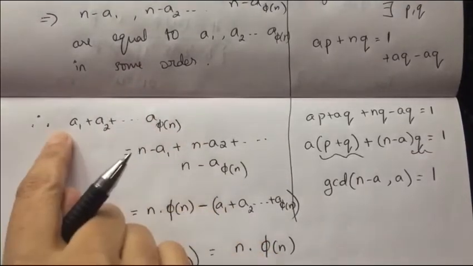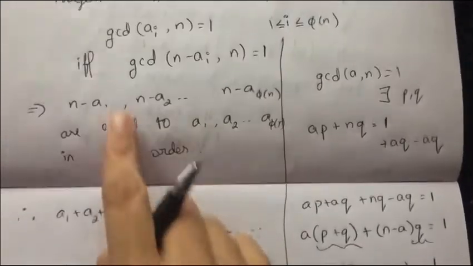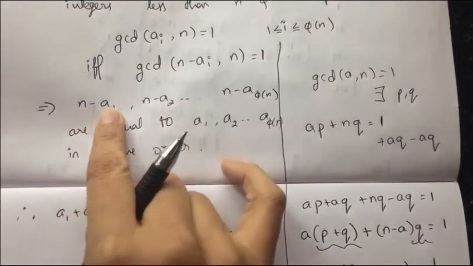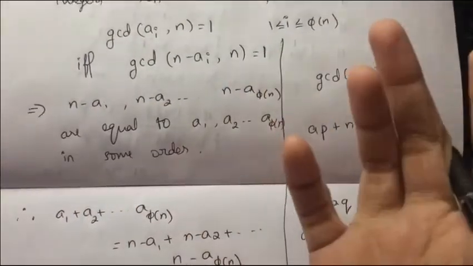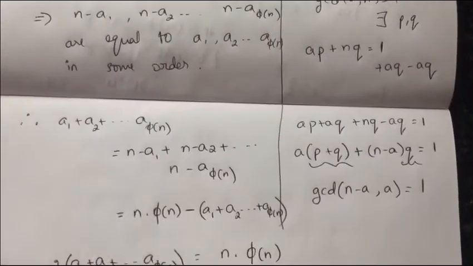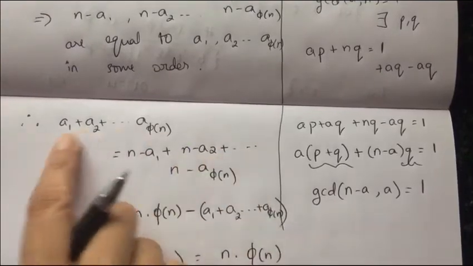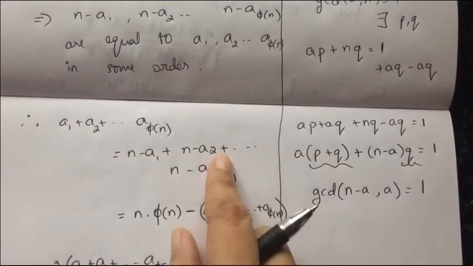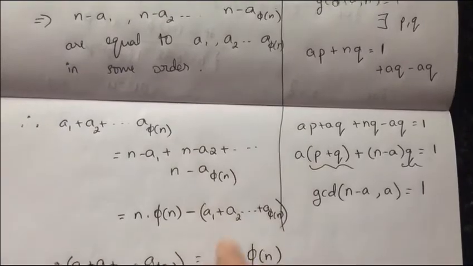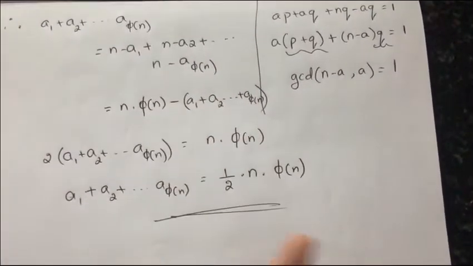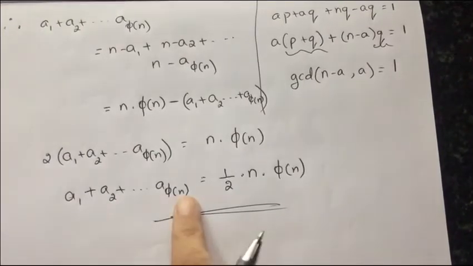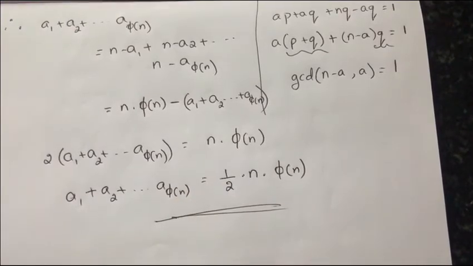Since they are equal to n minus a1, n minus a2, up to n minus a phi of n in some order, I replace a1 with n minus a1, a2 with n minus a2, like that. Rearranging the terms, I get the formula for the sum of all positive integers less than n and relatively prime to n. It is equal to half into n into phi of n.